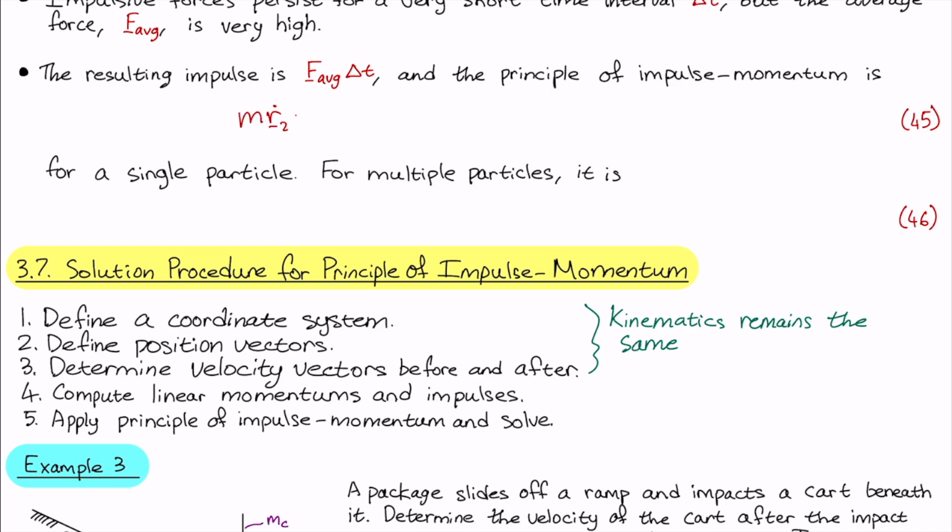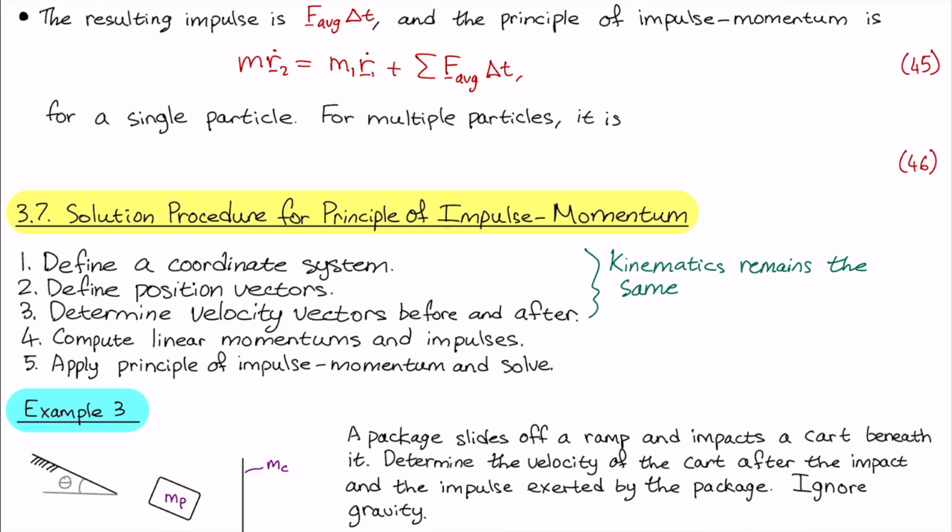r2 dot equal to m1 r1 dot plus the sum of all of the impulses, f average times delta t, where of course there may be multiple delta t's, and this is for a single particle.